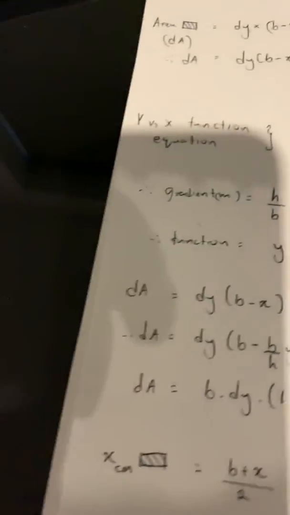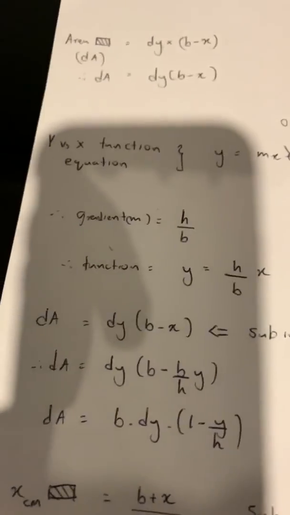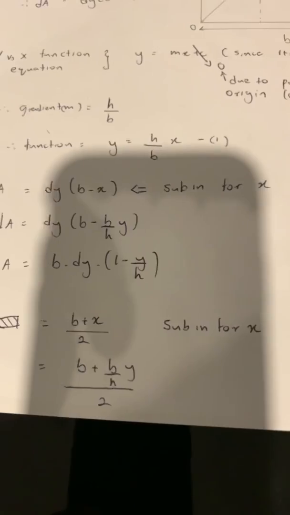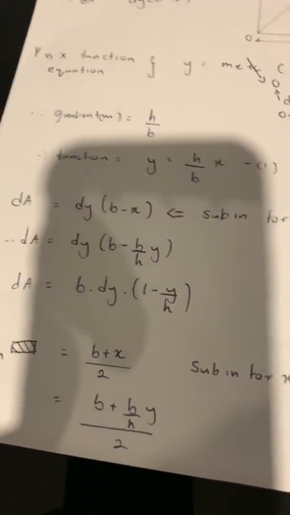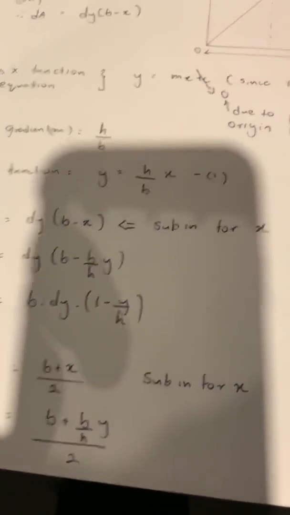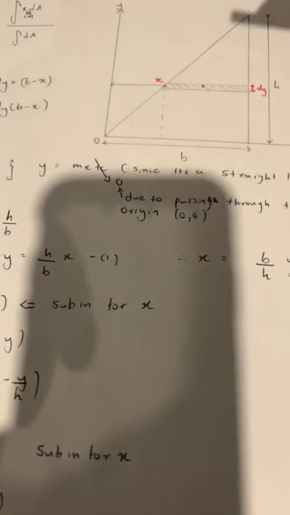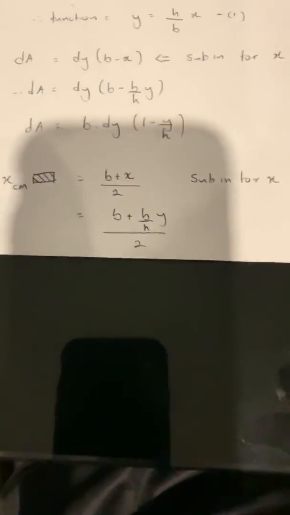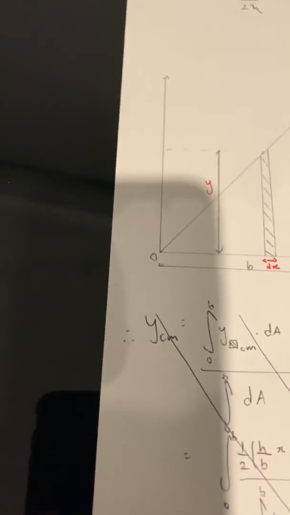To get the X center of mass here, I added b plus x, the b value and x, and divided that by 2. So I subbed in for x, and I got that there.